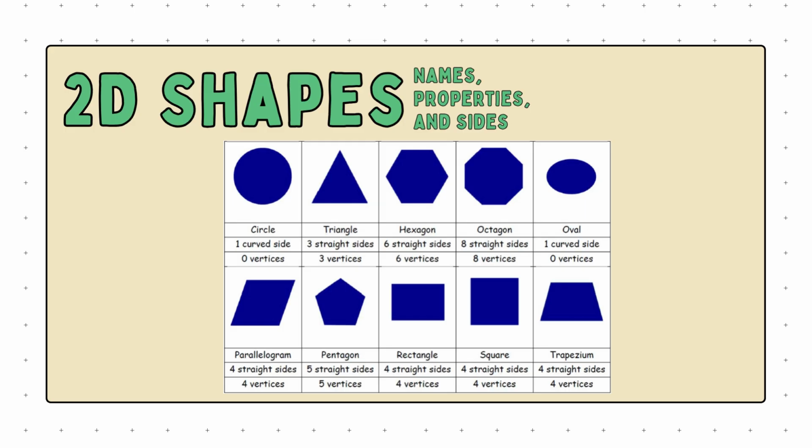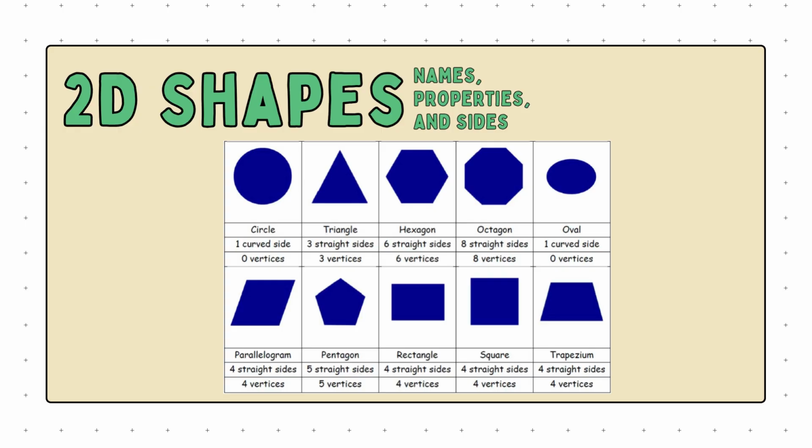A square is a very neat and regular shape. It has four sides that are all the same length and four corners that we call angles. Each of them is a right angle, which means they are exactly 90 degrees.